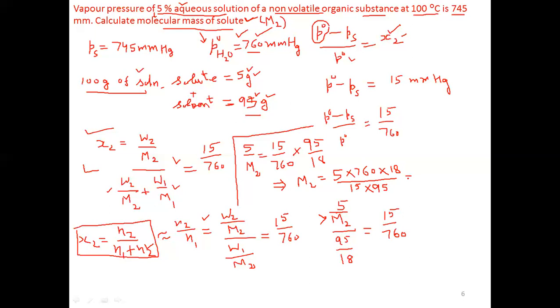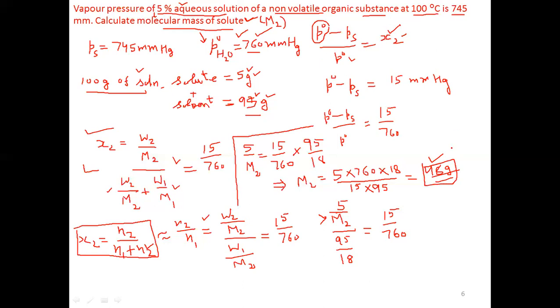If you solve this, it will come out to be something like 48 gram. Let me check. 5 multiplied by 760 multiplied by 18 divided by 15 and divided by 95. Yes, it comes out to be 48 grams. So this is the answer. This was the molecular weight of solute.